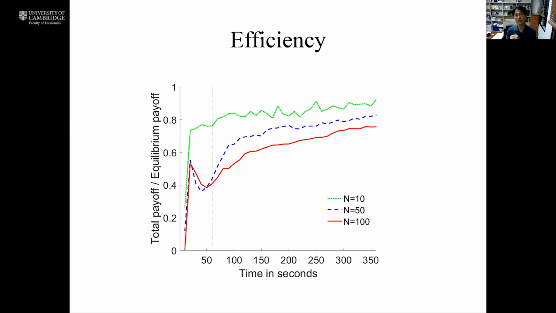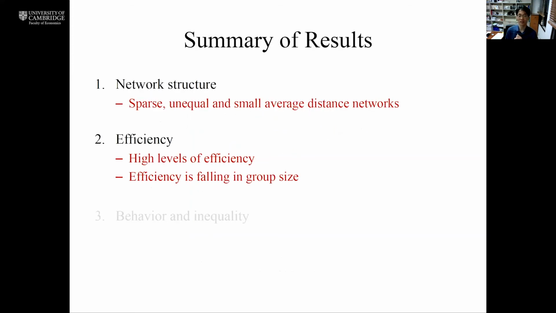As you can see, the efficiency ratio is higher in the small group than in the large group throughout all periods or minutes. It rapidly increases at the very beginning of the first minute and then steadily increases over time. So in this sense, we conclude that the overall level of efficiency is high across group sizes. However, the efficiency decreases with group size.